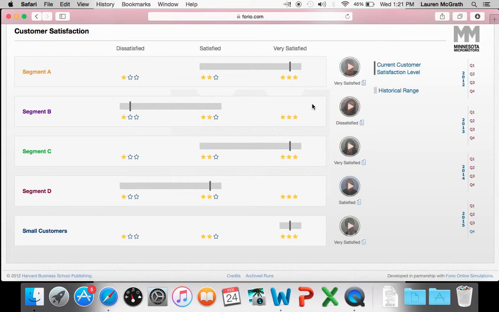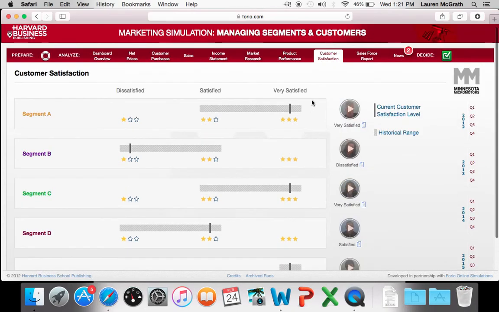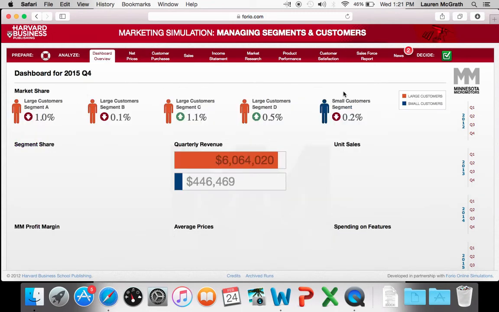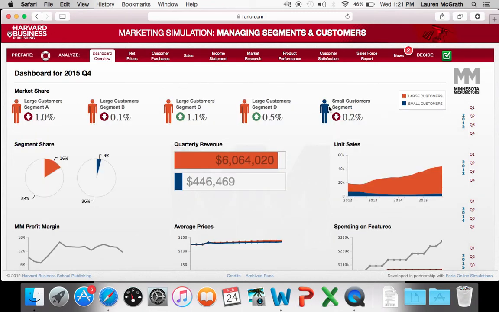Number two, discuss how using segment and customer needs analysis helps you to make product marketing and product design decisions. In this simulation, we had five segments of large customers, segments A, B, C, and D, then we had the small segment customers.